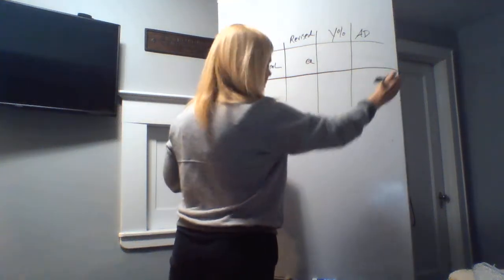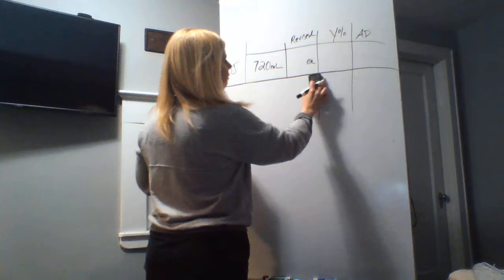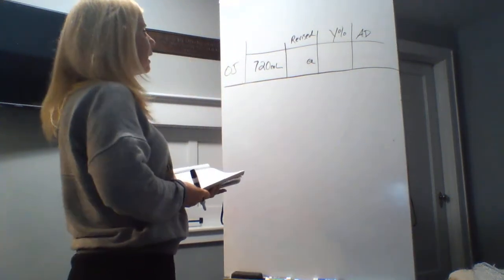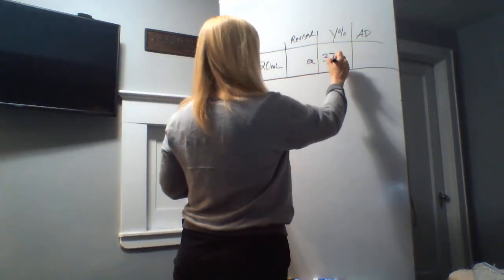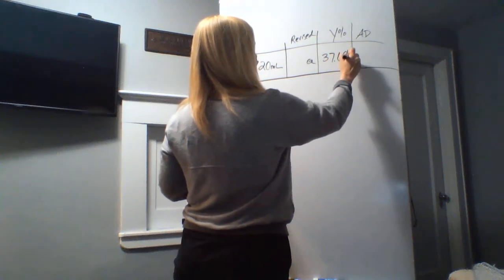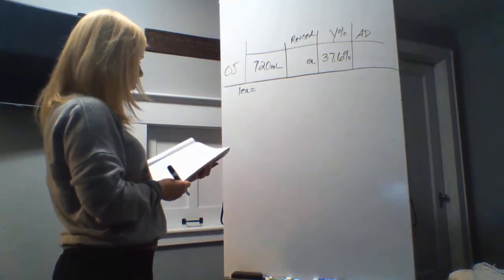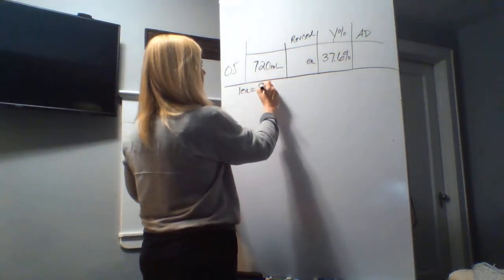Head to the back and find for me oranges for juicing, the weight of an each and the yield percent right out of the chute. The yield percent is 37.6%, and it tells us that one each weighs 8.5 ounces.